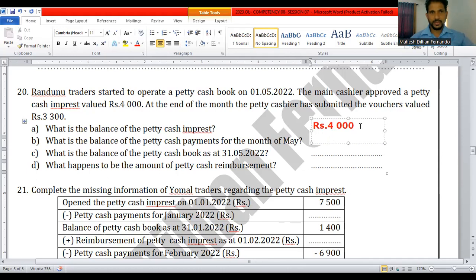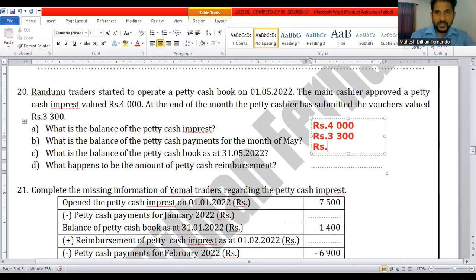And then, what is the petty cash payments for the month of May? Rupees 3,300. Very good. We have another question. Third one: what is the balance of the petty cash book as at 31st May? We had 4,000, spent 3,300.